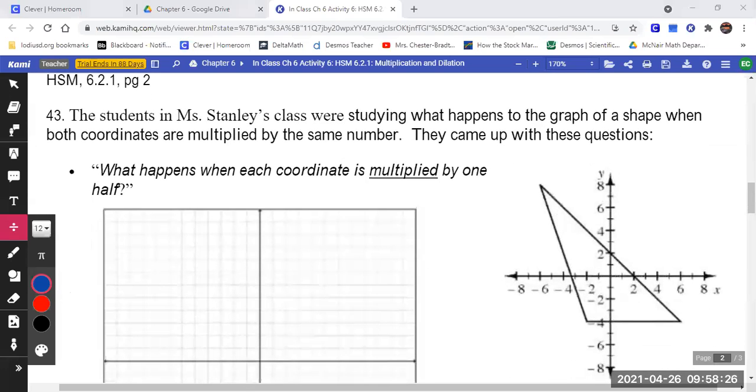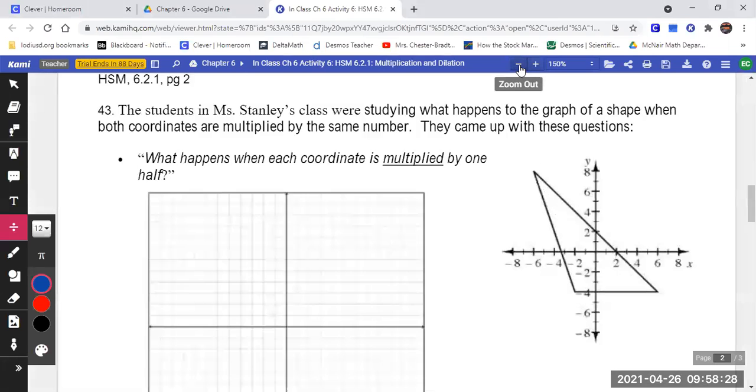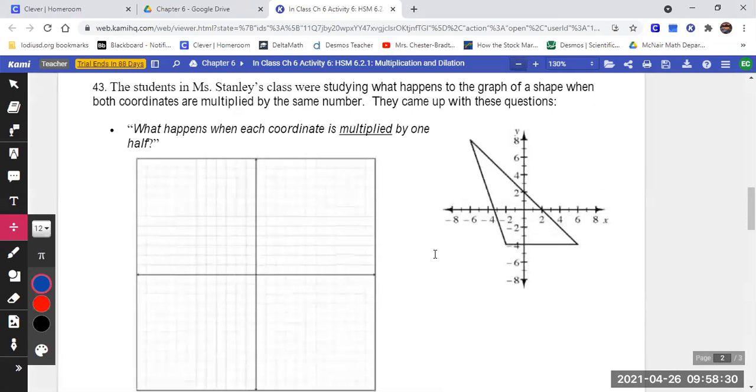Students in Miss Stanley's class. Hello, Miss Stanley. We're studying what happened to the graph of the shape that they made. What's the shape? What's that shape that they're looking at?